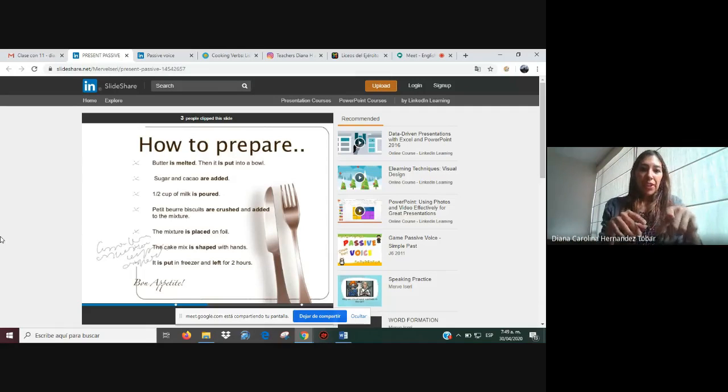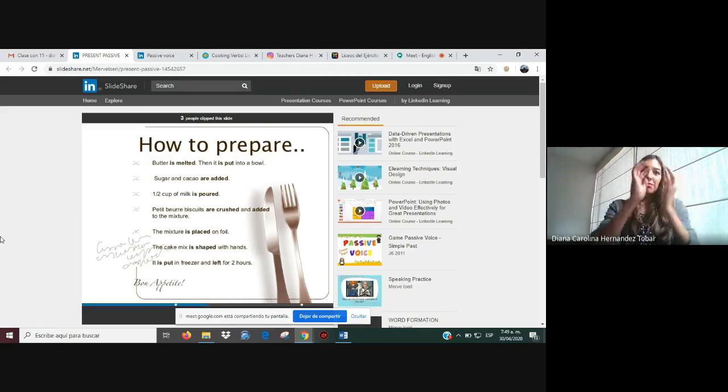So we have all of these. And for example, when you prepare arepas, cornbread, right? You have the arepa mixture, and you take a little bit and you start shaping the arepa, and then you put it in the oven or whatever.